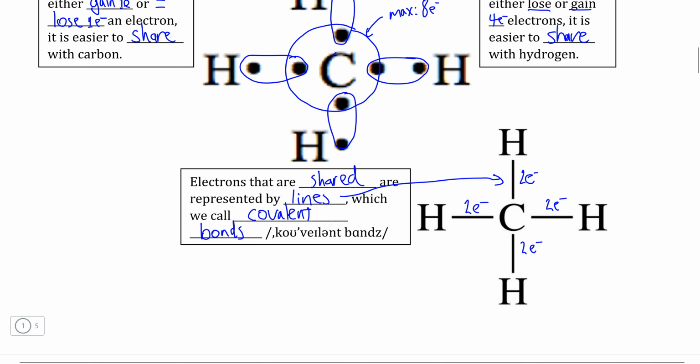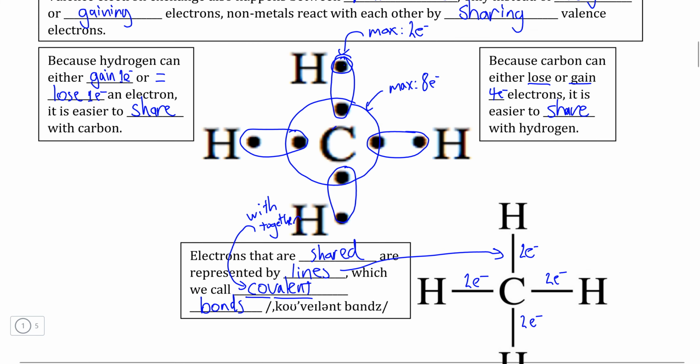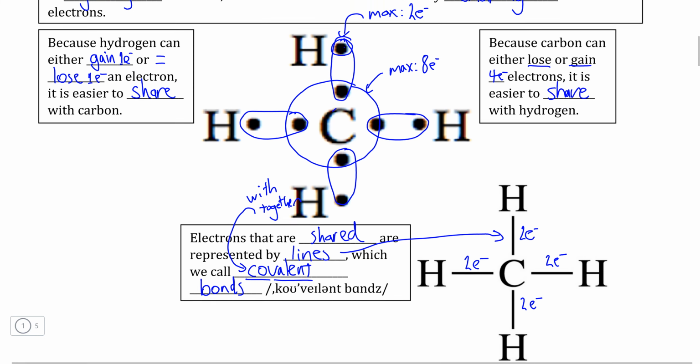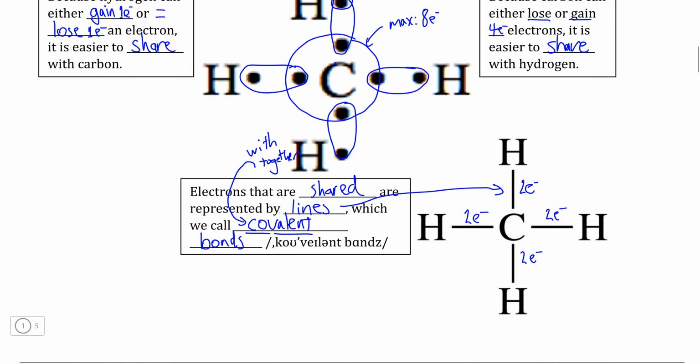The name covalent actually tells us a little bit about how these electrons are shared. From the English prefix co, which means with or together, and valent, which refers to valence electrons, we can see that these 2 electrons exist in the valence shell, the outermost electron shell, of both hydrogen and carbon, meaning that together each of these pairs form the valence shells of each of the 2 elements that form the bonds.